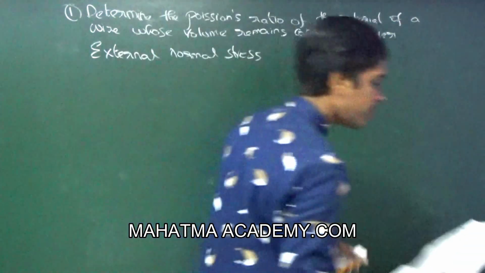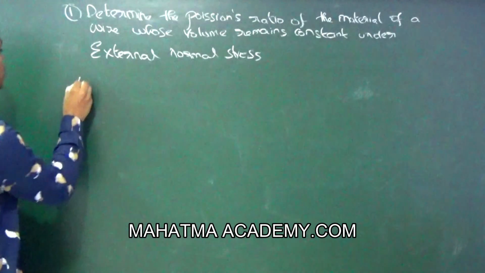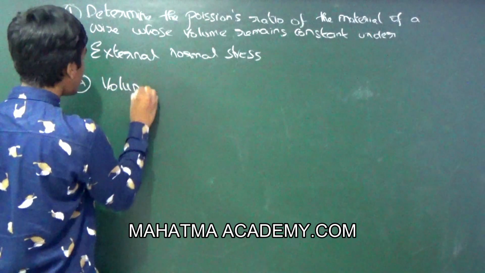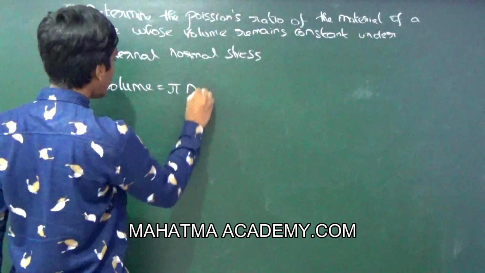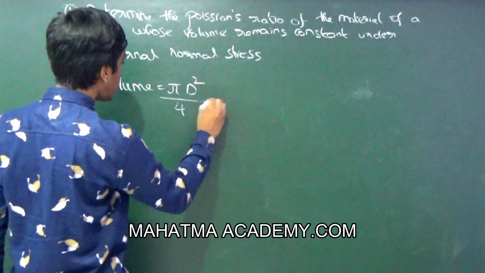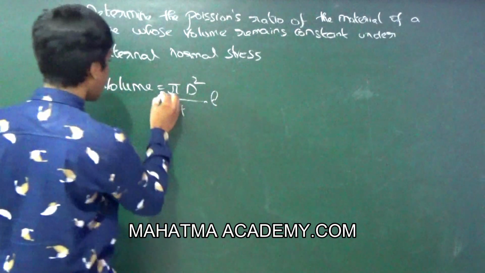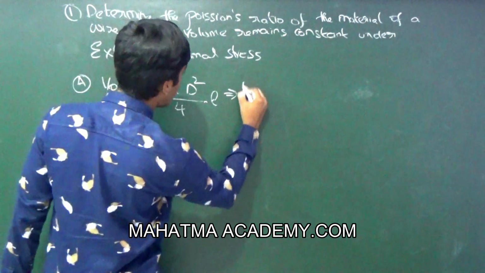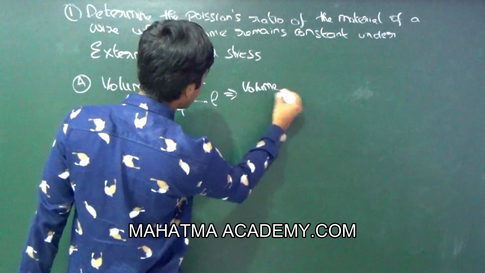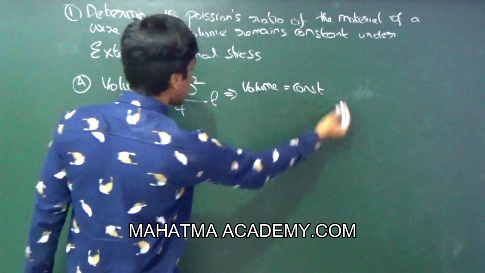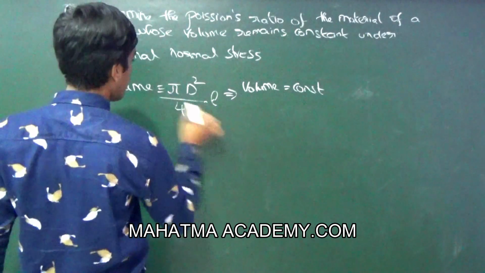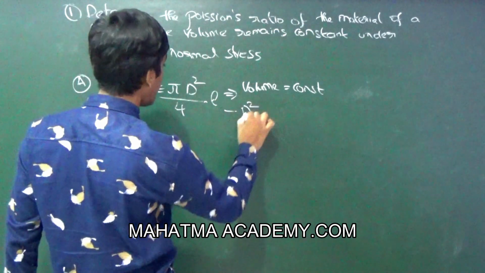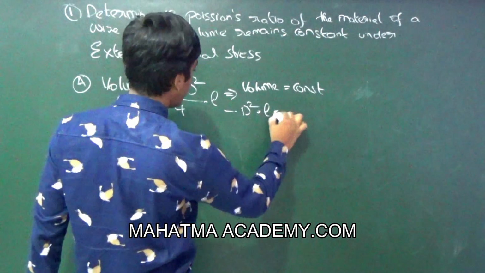Okay. Now we will see, for the wire, the volume is equal to pi d square upon 4 into L. Here the volume is constant. So from this, pi d square into L is equal to constant.